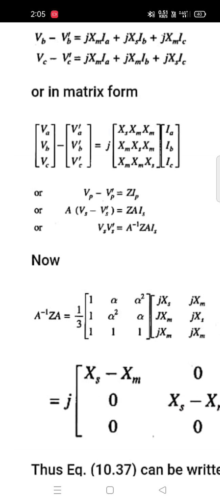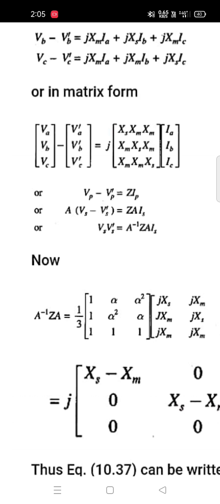The first matrix is VA, VB, VC minus VA dash, VB dash, VC dash, equal to j times the matrix where XS appears in a diagonal pattern and the other values are XM, or mutual impedance, multiplied by IA, IB and IC.